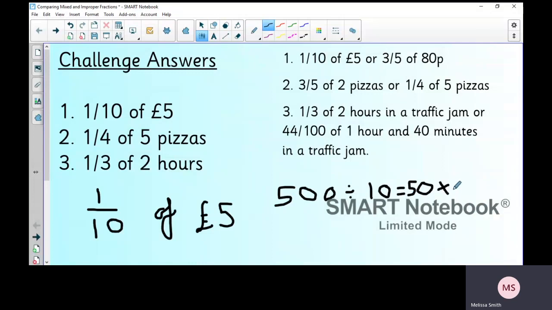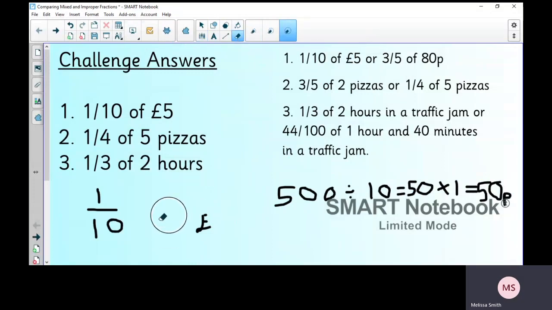Now we know when we times by 1, we're just going to get the same. So this gives me 50p. So here I have 1/10 of £5 will give me 50p. So let's have a go. Let's repeat that process for the 3/5 of 80p.